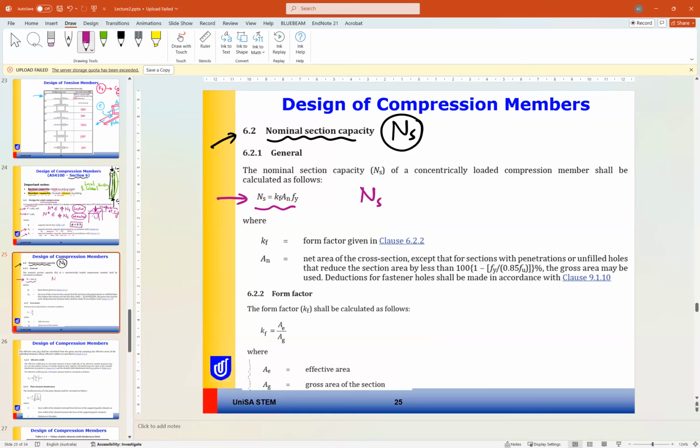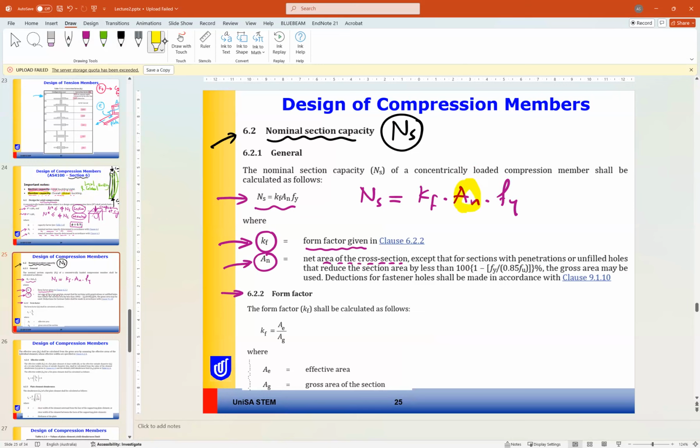So Ns equals Kf times An times F yield, where Kf is a form factor here. An is the net area of the cross section.